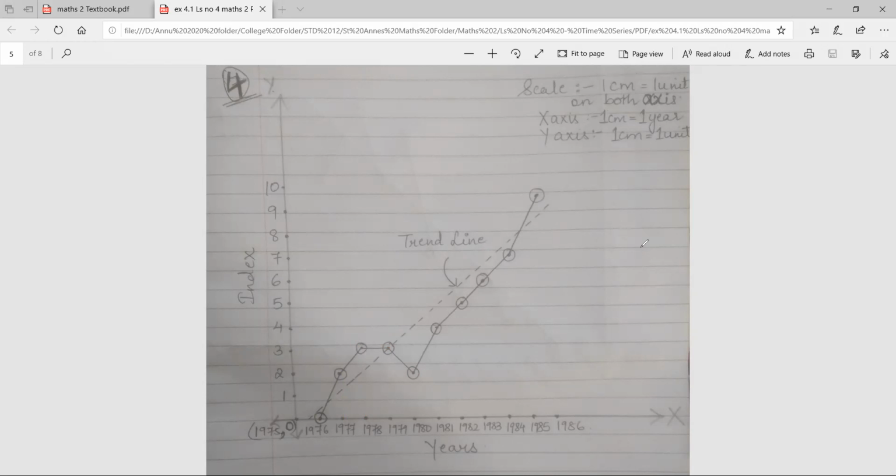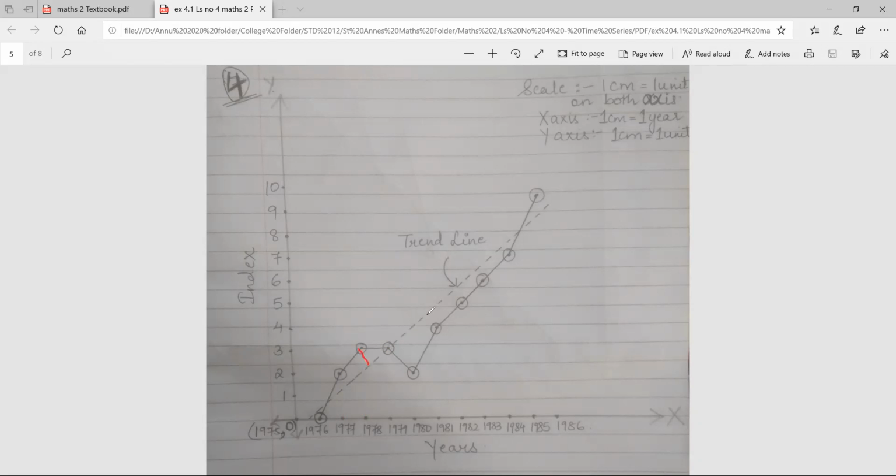Again, you can do it freehand or with the help of a scale, both are fine, no problem. Once you're done, then you have to draw an approximate trend line with the help of your judgment. Approximation: some points above the line, some points below the line, the distance should be equal.